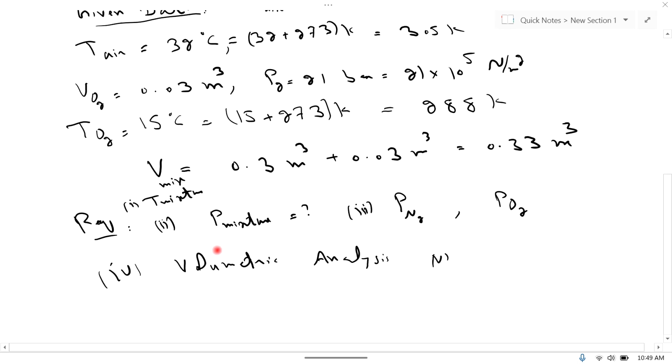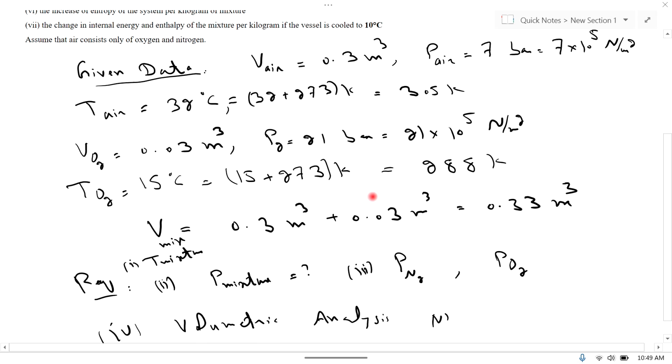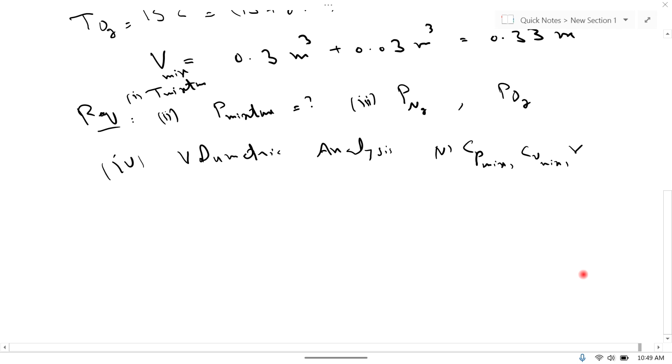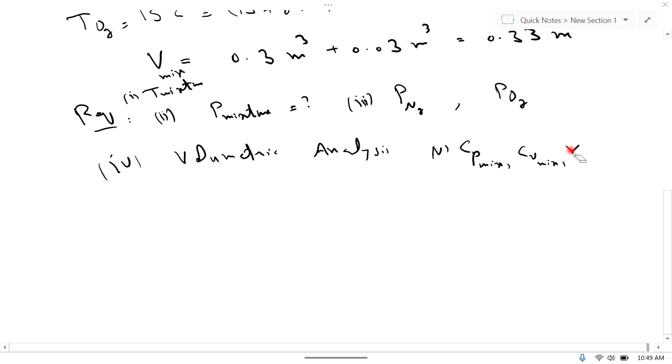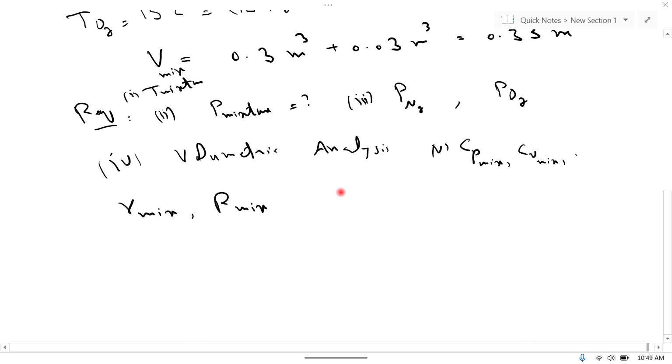Number 5 is the value of Cp, Cv, molar mass and gamma. Cp for the mixture, Cv for the mixture, gamma for the mixture, and value of R for the mixture, and the molar mass of the mixture.